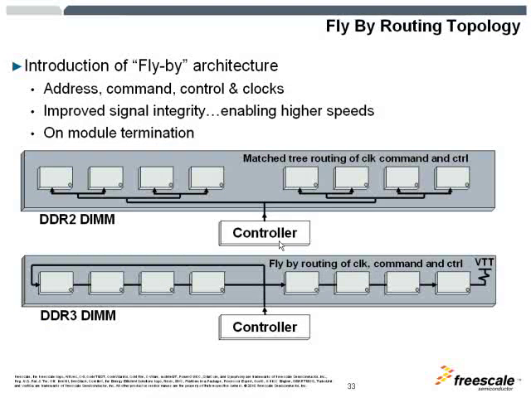But in DDR3, because the speeds are increasing and voltages are reduced, they introduced the flyby routing, and that is the recommended and mostly followed topology for DDR3, where all the address, command and clock signals are sent starting from the first DRAM to the next, and to the last SDRAM, and there's a single termination that is used for all the signals.